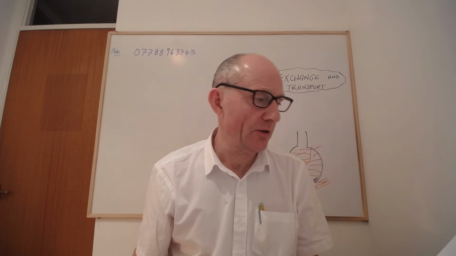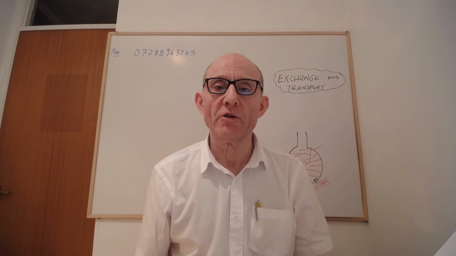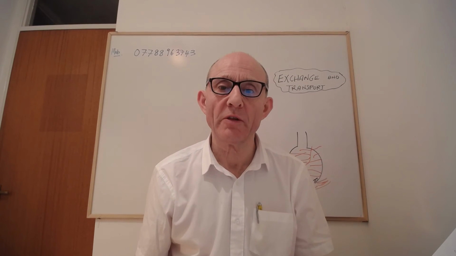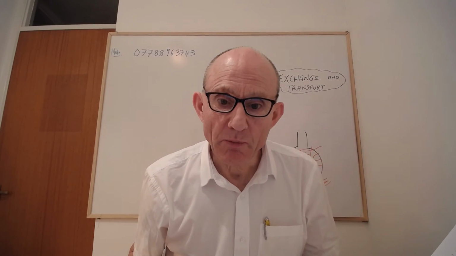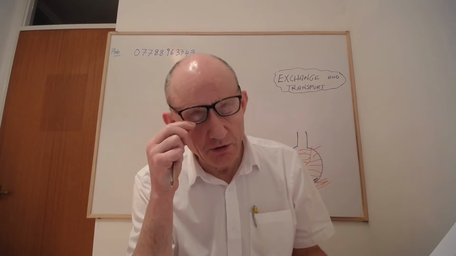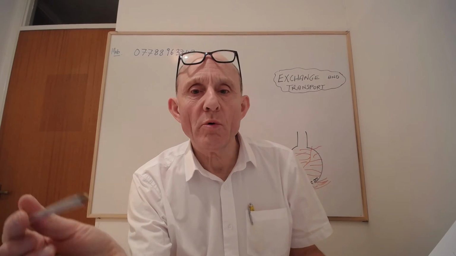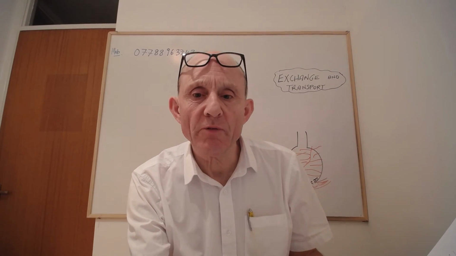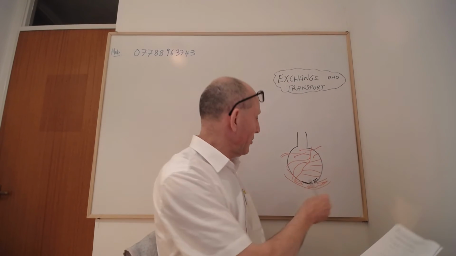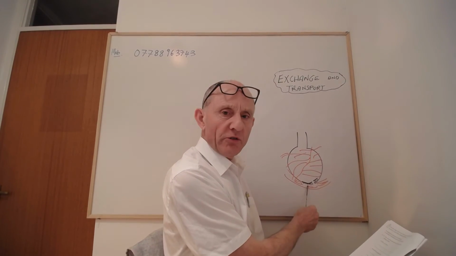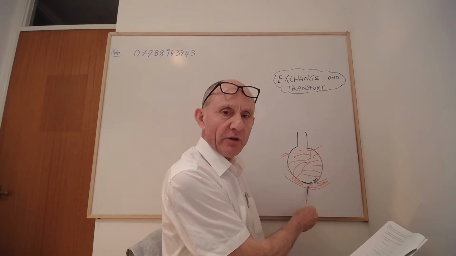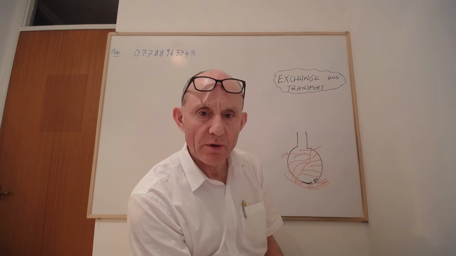You could say ventilation. Ventilation ensures there's a very high concentration of oxygen in the alveoli all the time, because you're constantly replacing any oxygen that moves out of the alveoli. And the other thing is you could say that the transport of the oxygen away quickly ensures that the concentration of oxygen in this region in the blood is always kept low.